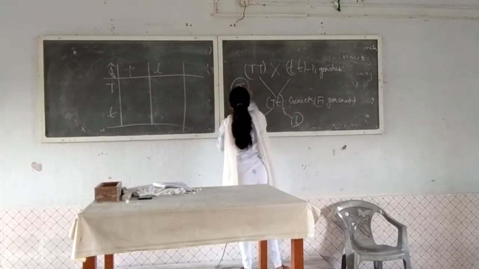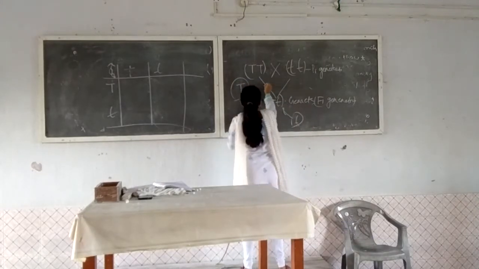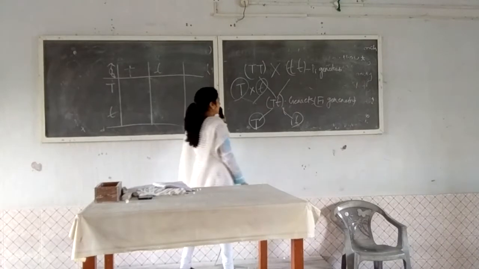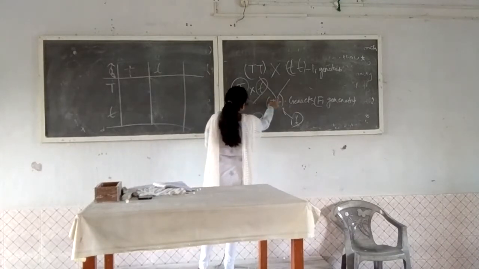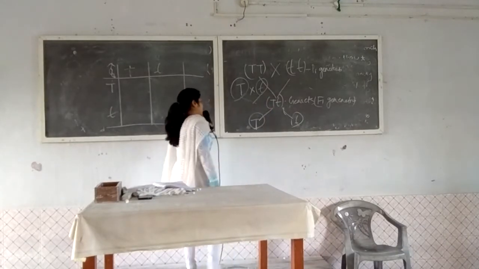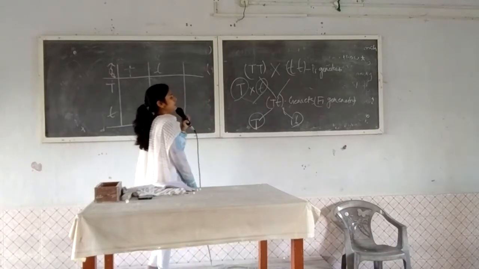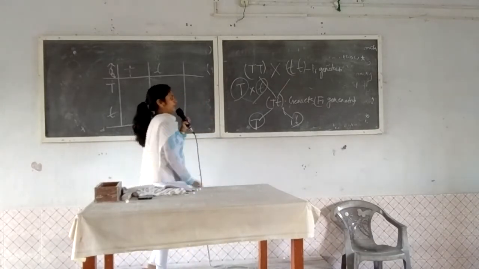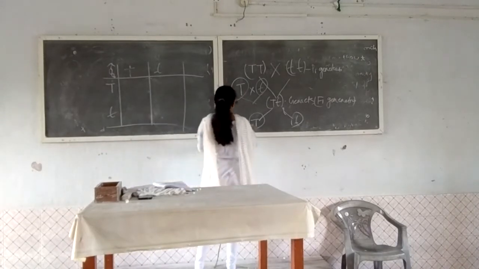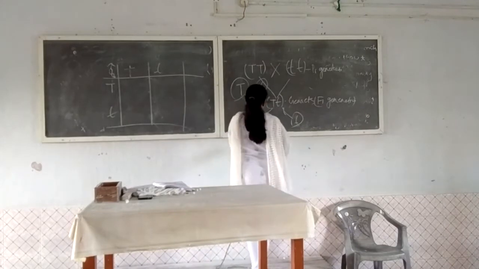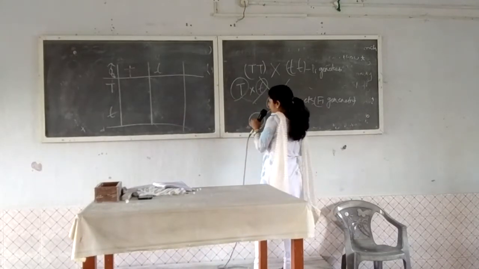And in this, he crosses between capital T, small t and got a tall plant whose alleles are capital T, small t. The plant is a tall plant, but genotypically they are different. And from this he got the pure gene for tall plant and the pure gene for dwarf plant.